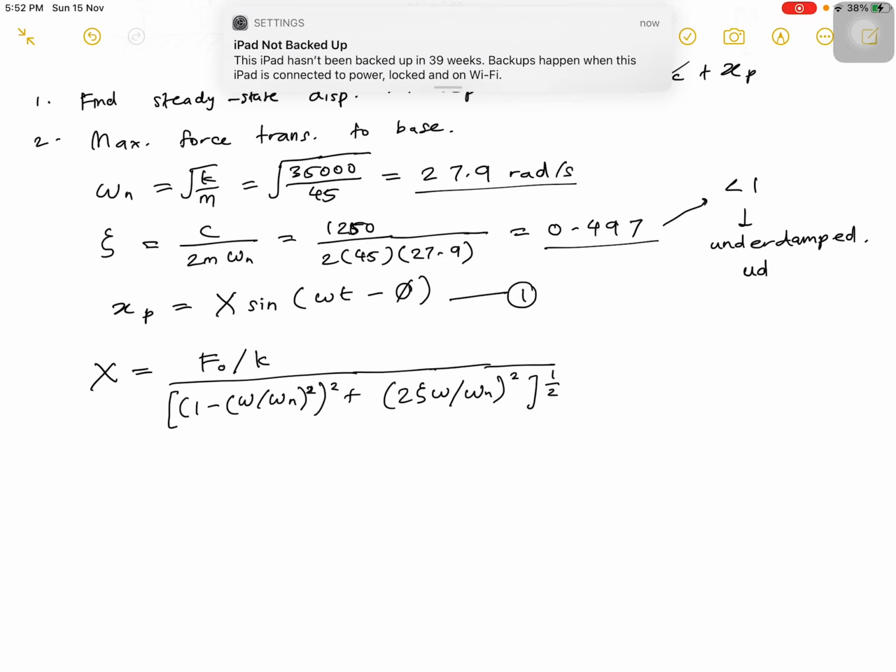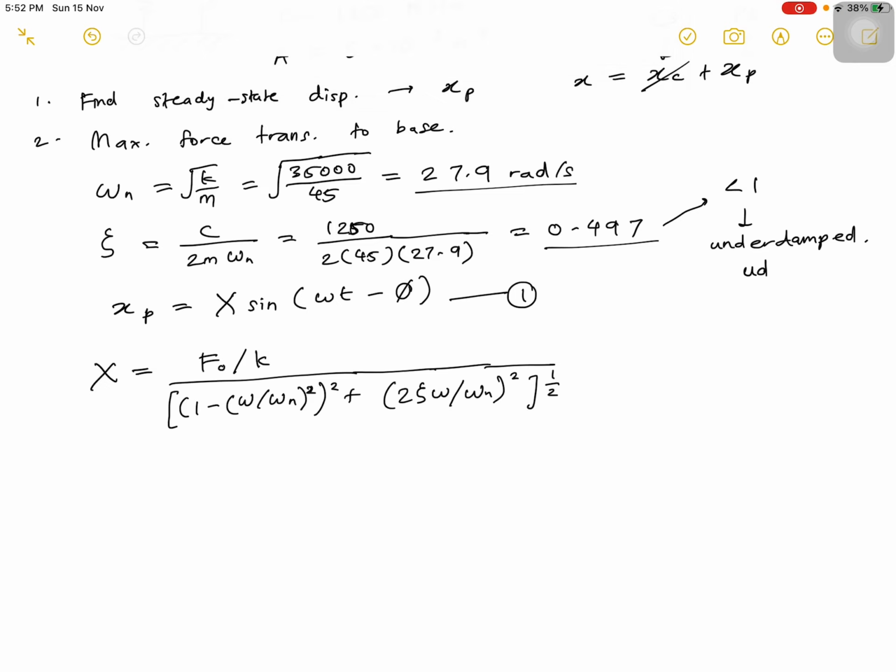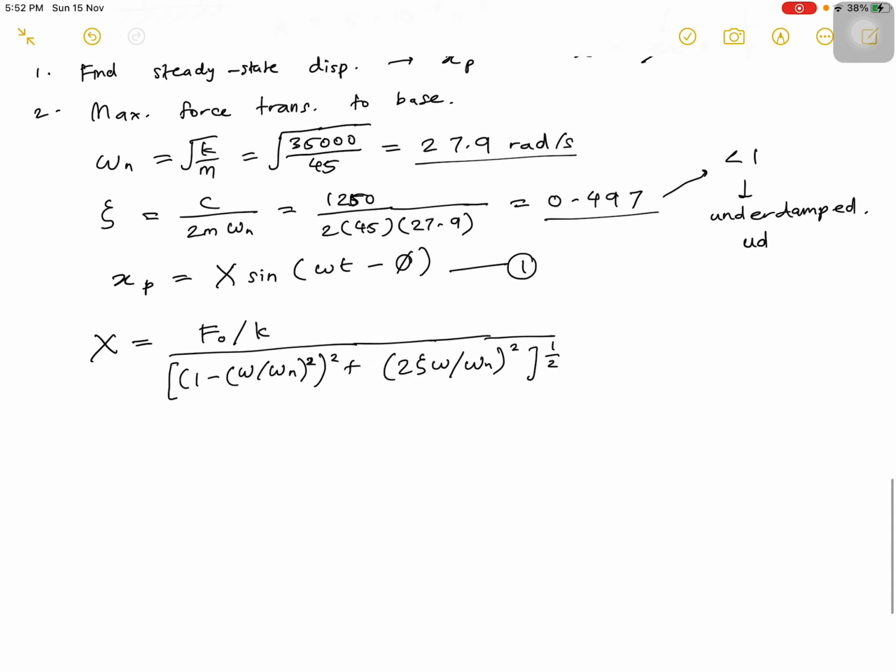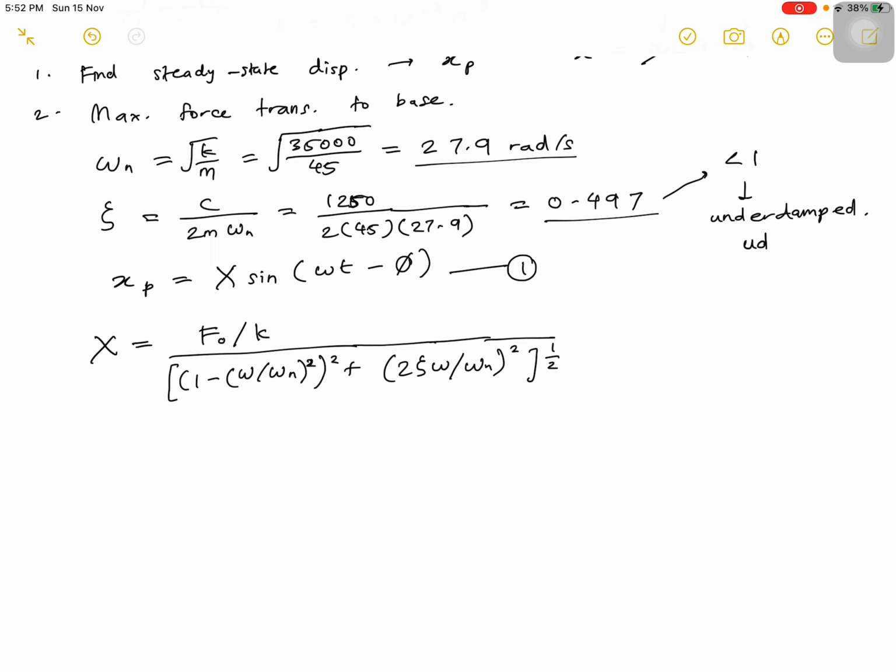Now we may calculate everything. So to find the F0, F0 is the force, the amplitude of the vibration applied to the piston. So we don't know the force, but we know the pressure. So we can calculate the amplitude of the pressure. We can calculate the amplitude force from the amplitude pressure.